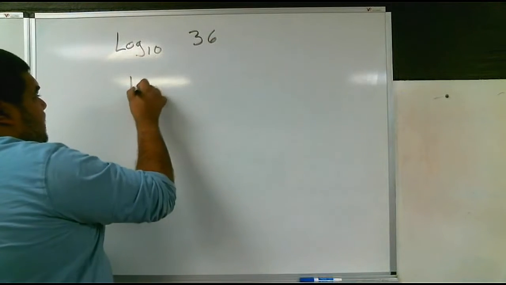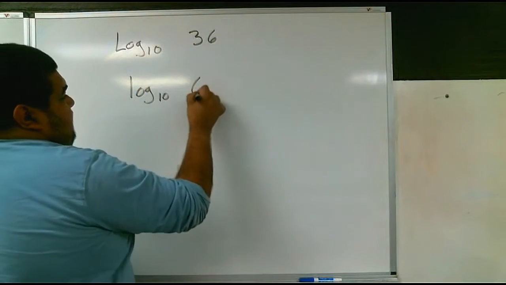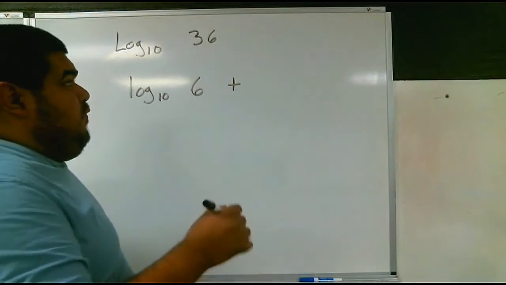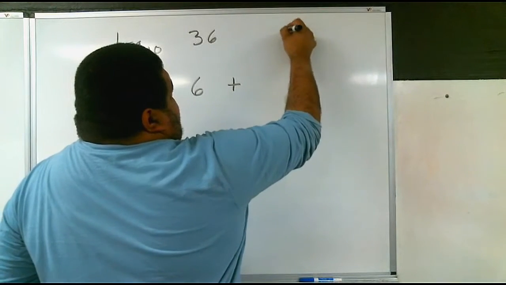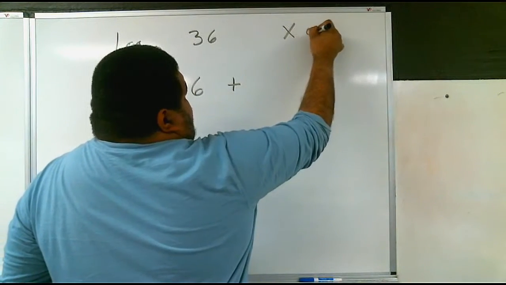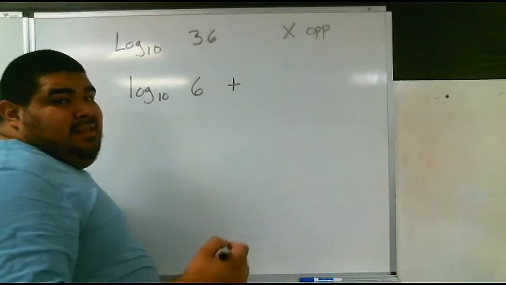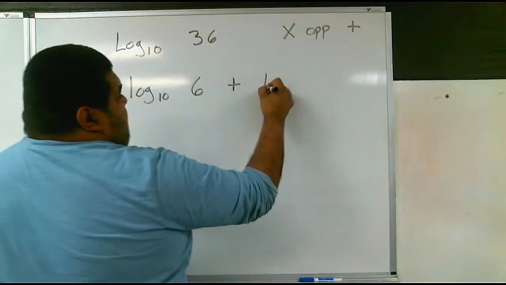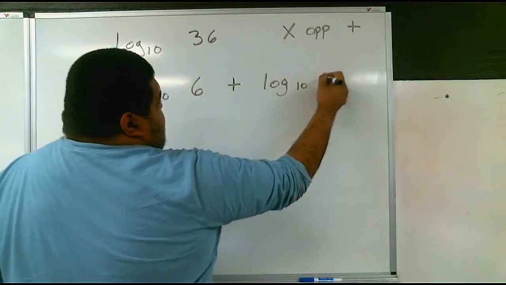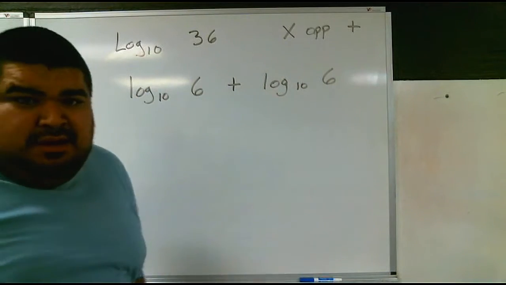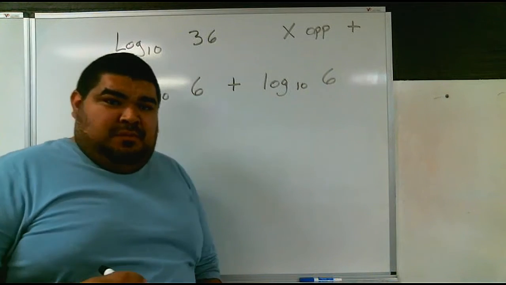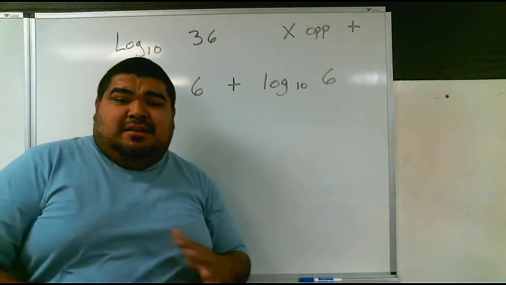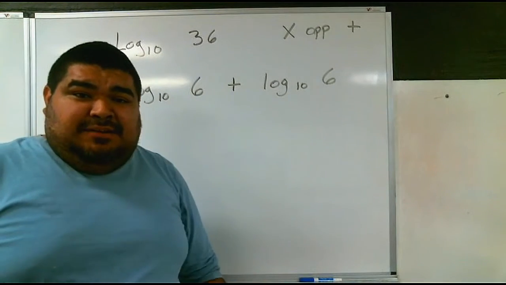So we can say log base 10 of 6 plus, so the rule for multiplication, the opposite is adding. You add when you break it down. So log base 10 of 6 plus log base 10 of 6, that is the rule. When you're breaking down two numbers that are multiplying, the opposite of multiplication is adding.